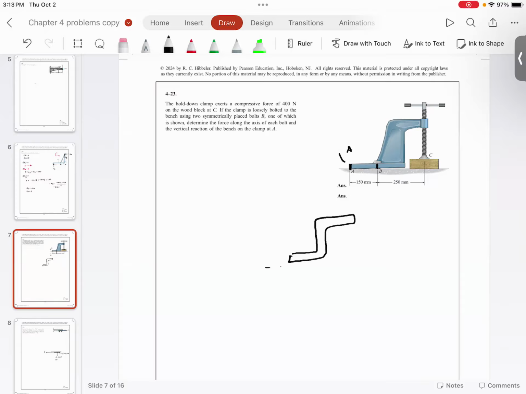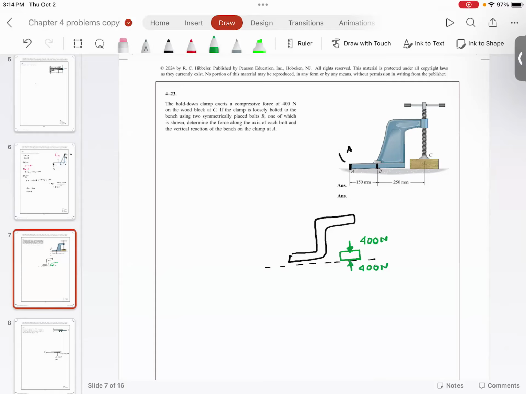So this is the block. On this block, this is going to apply a compressive force of 400 Newton. Now this block is resting on this platform. This block is in static equilibrium, which means the platform is going to give you 400 Newton going like this.